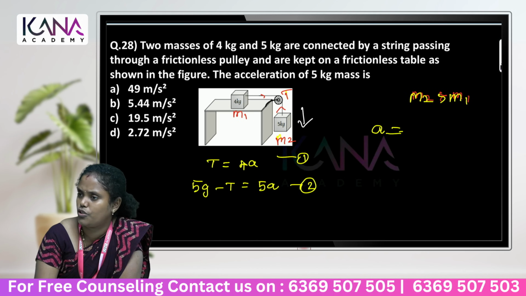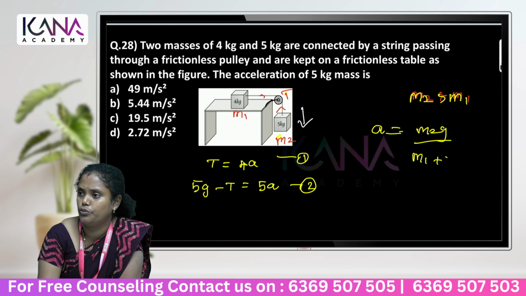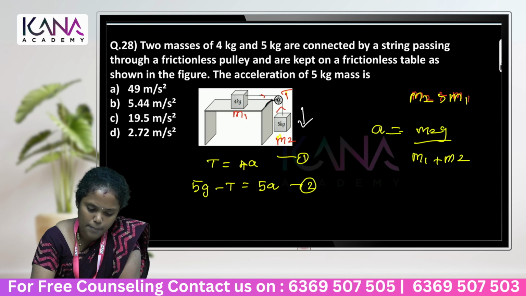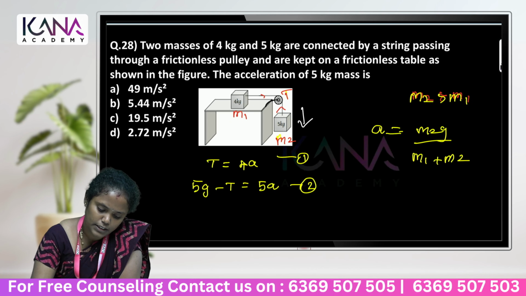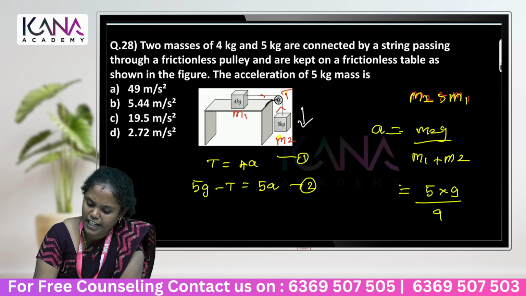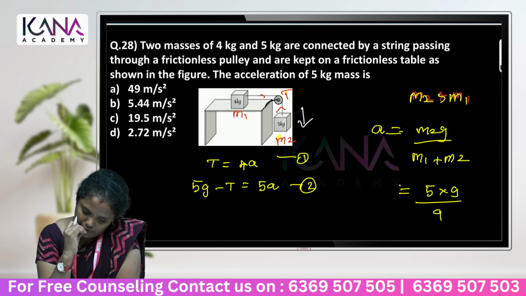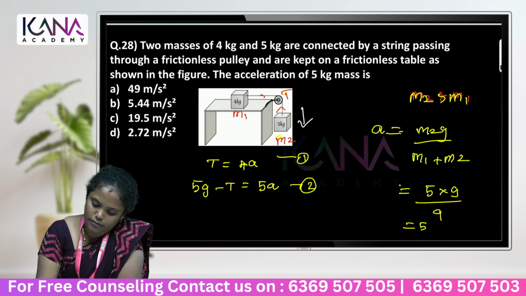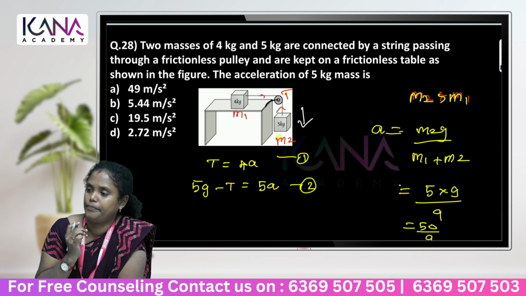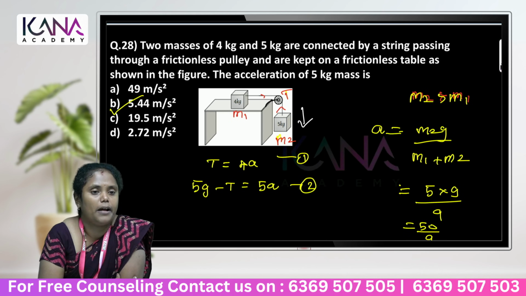Then acceleration of M2 could be M2g by M1 plus M2. Yeah, the answer is: M2 is 5. 5 into g by 5 plus 4, 9. So 50 by 9. பார்த்தோன்னே நம்ம ஆன்சர் சொல்லிடலாம் இல்லையா. 5.44 meter per second square.